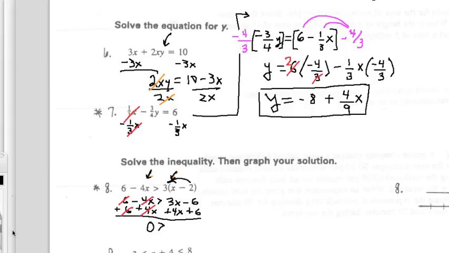And over here we have 3x plus 4x equals 7x, and plus negative 6 plus 6 gives us 0. So we're almost done. 0 is greater than 7x, or dividing both sides by 7, we get x is less than 0.